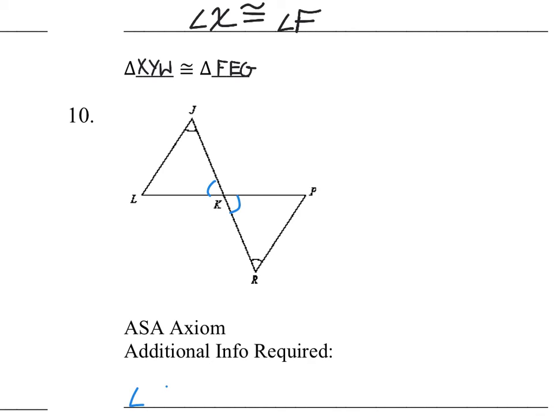JKL congruent to RKP, assuming that's a P. All right, now I just need a side. Oh, I should put two arcs on those. Now, if it's going to be ASA, the relevant sides would have to be the ones in between those two angles.